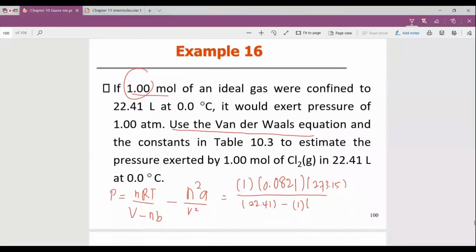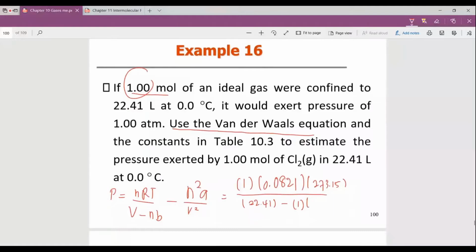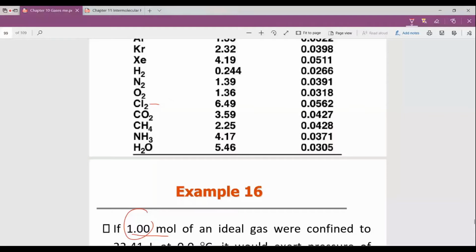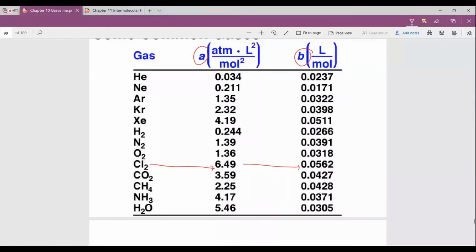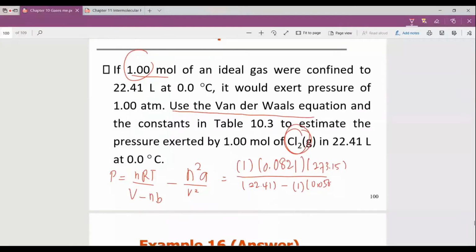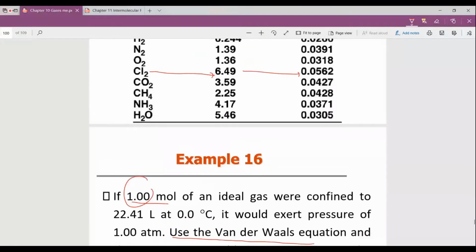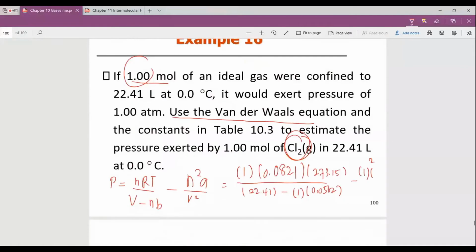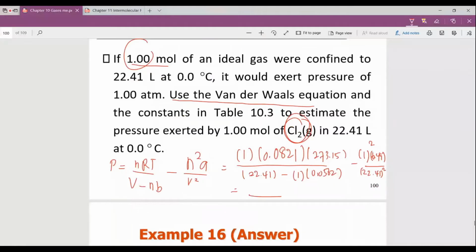Because we want to find the pressure exerted by Cl2, refer to the value for Cl2 here. For b it is 0.0562. Then minus 1 squared times a, 6.649, over the volume 22.41 squared. So we get the pressure exerted by Cl2 gas.